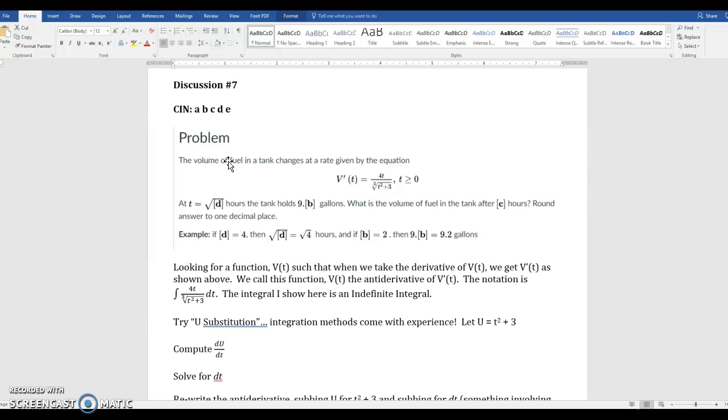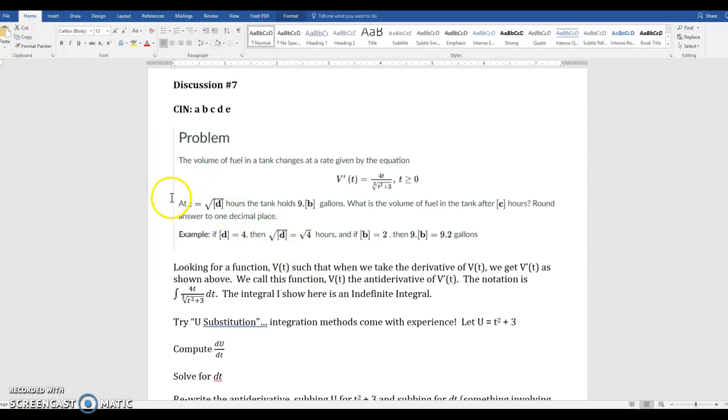This is the rate of change of volume, which, based on the last 6 weeks, you would agree is a rate of change. It's a first derivative. So one more time: the volume of fuel in a tank changes at a rate given by this equation for some value of time greater than or equal to 0.